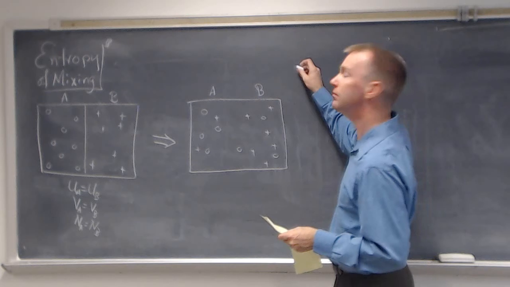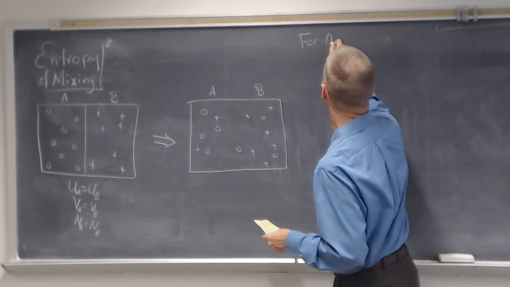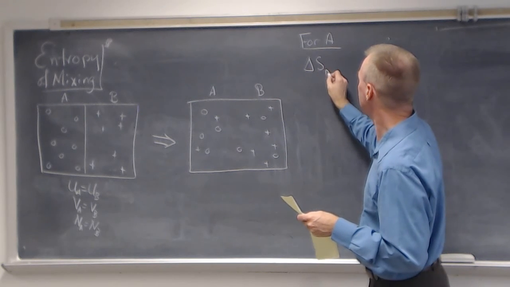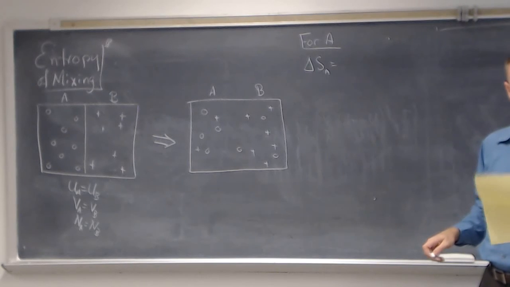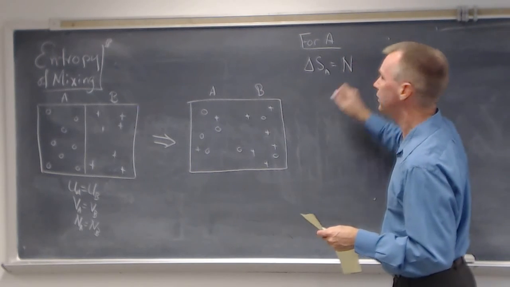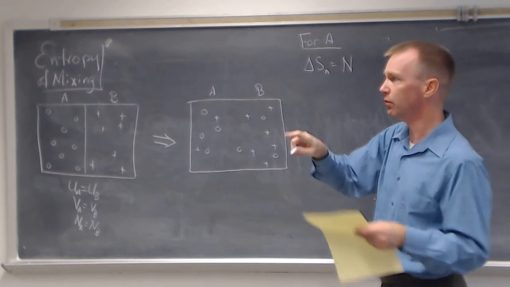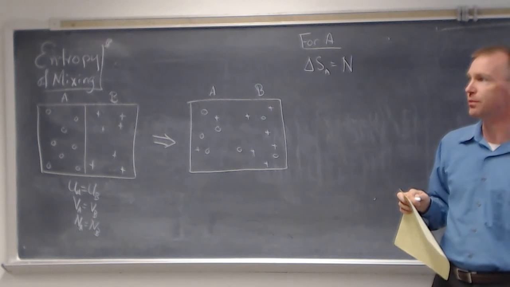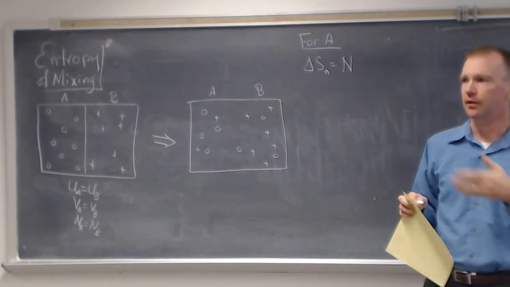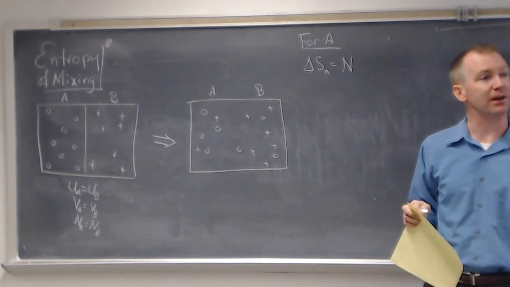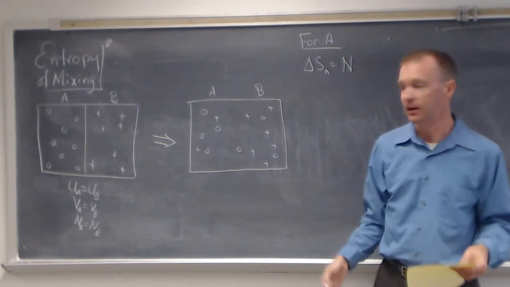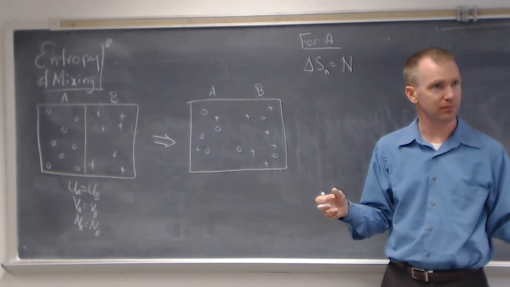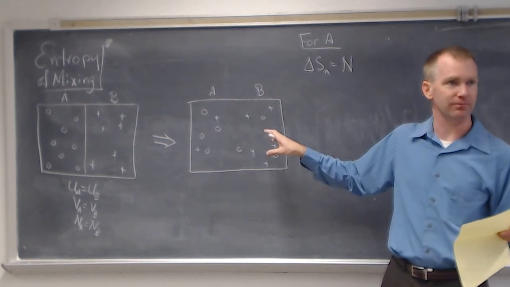So for A, the change in its entropy is, well, let's see here, we've got the equation from before. We use the change in entropy that we use for free expansion. If we suddenly get rid of this barrier, each of these gases does a free expansion into the other part of the space. Remember, ignore the existence of the other gas.